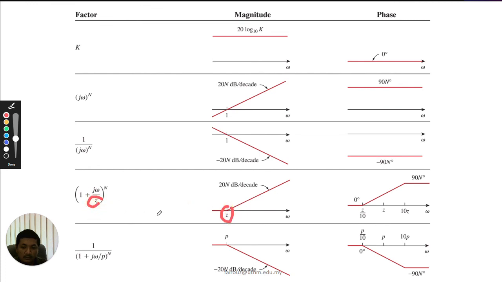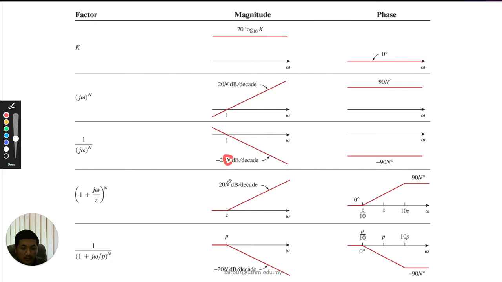Same thing for the simple pole. At 0 dB, it's a straight line until it reaches p. Then after that it will start declining 20 dB per decade, right?